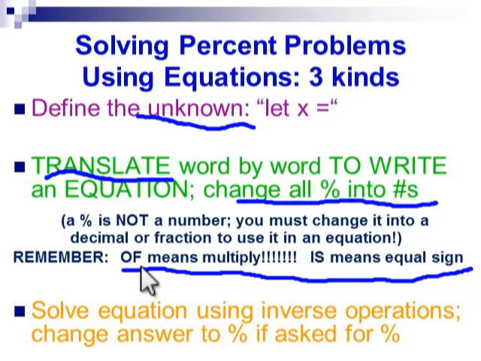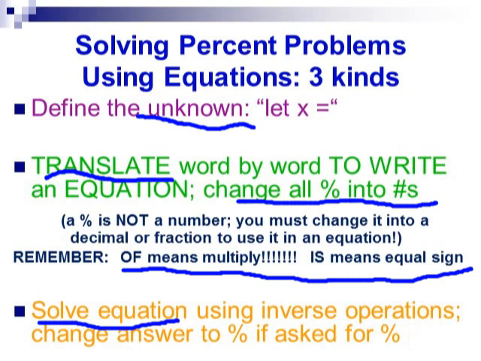If you see the word of, you put a multiplication sign. If you see the word is, you put an equal sign. And then finally, the third thing you have to do is actually solve the equation. And since you're using algebra, it would make sense to use inverse operations.